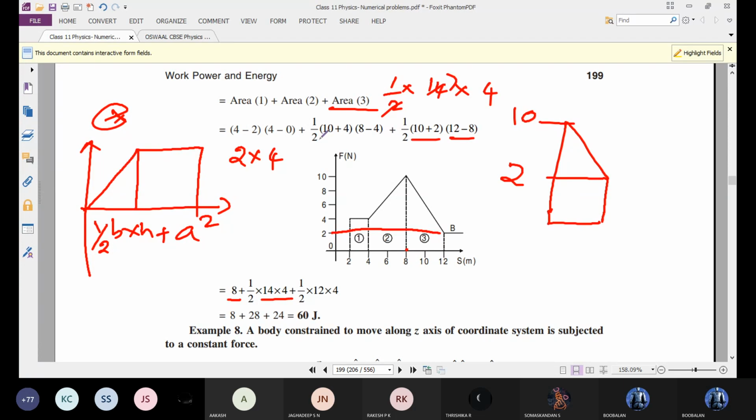Next one, 10 plus 2, 12. 1 by 2 into 12. 12 minus 8, it is 4. So 1 2s are 2, 6 2s are 12. Just multiply, you will get 8 plus 24 plus 24. The answer is 60 joule.